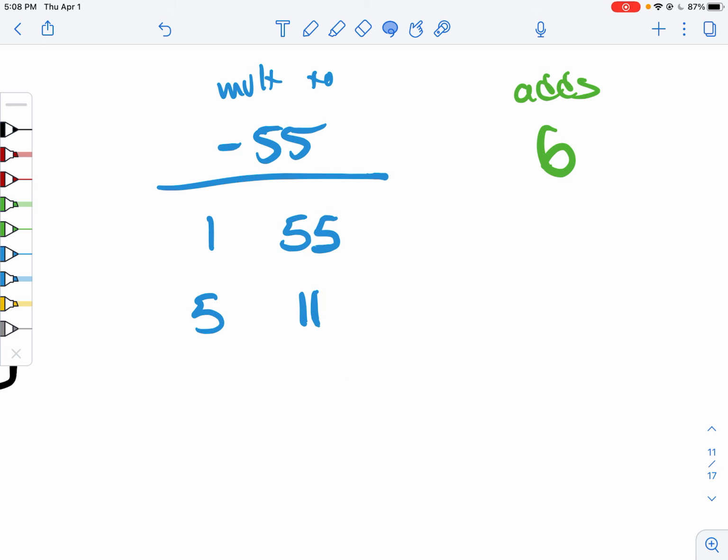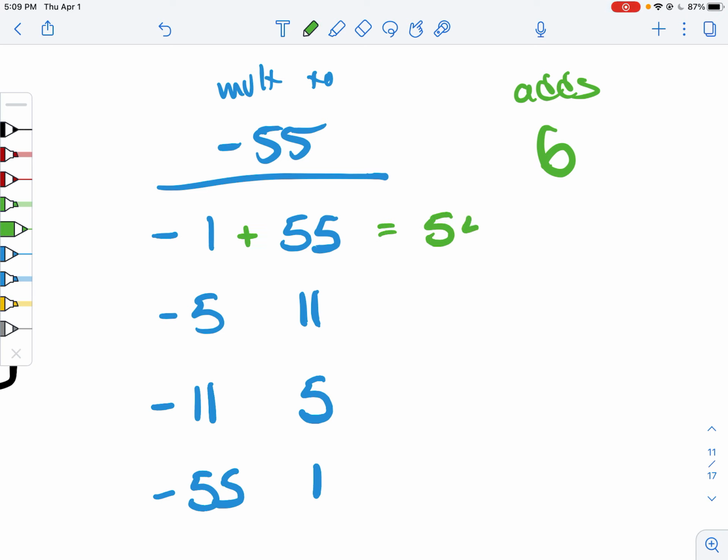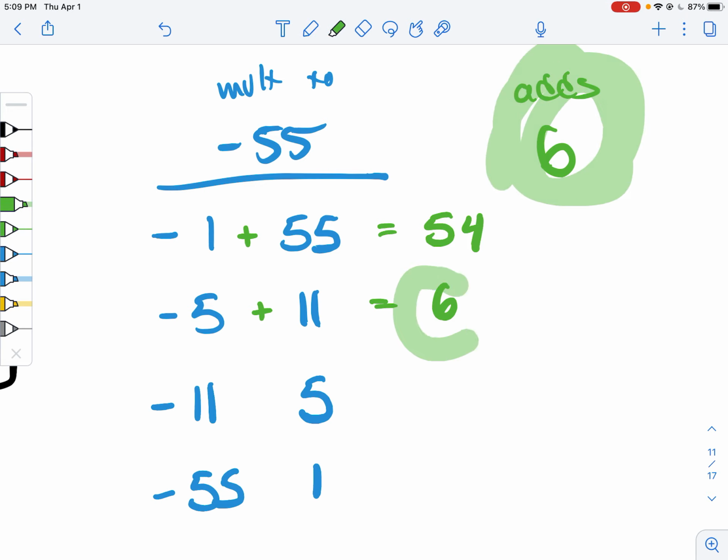And when I'm dealing with negative numbers, I like to write the whole list out, because there's a difference between negative 5 times 11 and negative 11 times 5 when you're adding them up. Now let's add them up. Negative 1 plus 55 is 54. Negative 5 plus 11 is 6. Yep, that's it. It adds to 6, and that's what we needed, so we're going to stop.